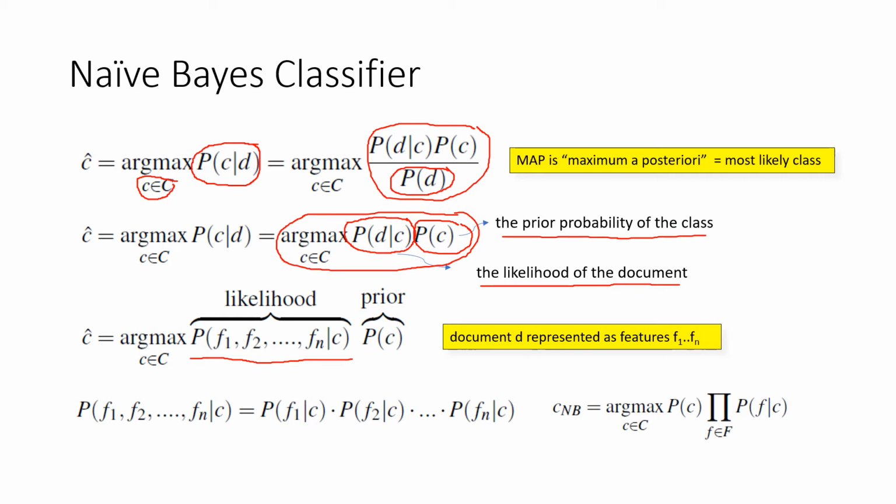So the probability of all features in a document given a class, and furthermore, using the independence assumption, that is that the features are mutually independent, we can write the likelihood as a product of individual terms, product of individual features given the class, and by using the notation for the product, we can rewrite the expression for our most likely class with this expression.